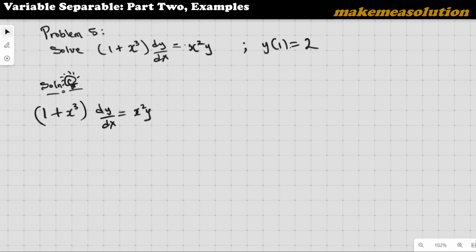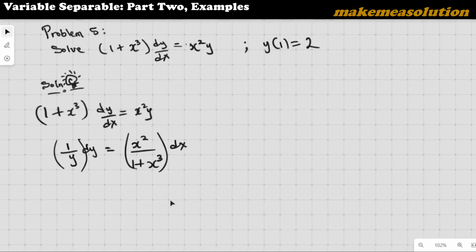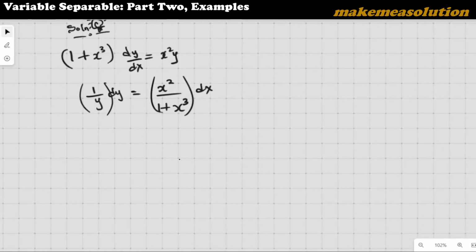So what we are going to do is still the same. 1 over y dy is equal to x squared all over 1 plus x cubed dx when we separate the variables. Alright, so after separating the variables, we are going to integrate.